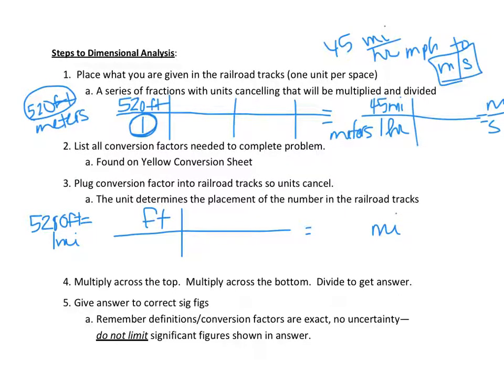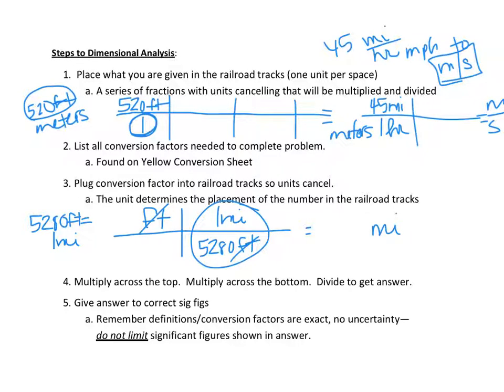When I go to plug in this conversion factor, which is going to go in this spot right here, feet is on top, so I have to put my 5,280 feet on the bottom with 1 mile on top. So I keep the conversion factor together as a fraction, making sure that my units cancel.